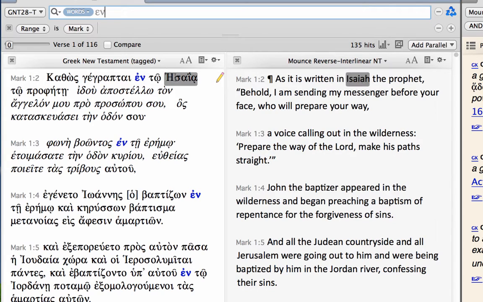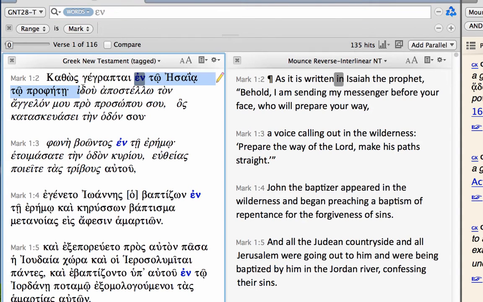But here you have Isaiah, and it is the object of the preposition en. It's got a modifier. You usually have articles in front of proper names in Greek. And then you also have another modifier, the prophet. So this whole thing is your prepositional phrase. It is written in Isaiah the prophet.